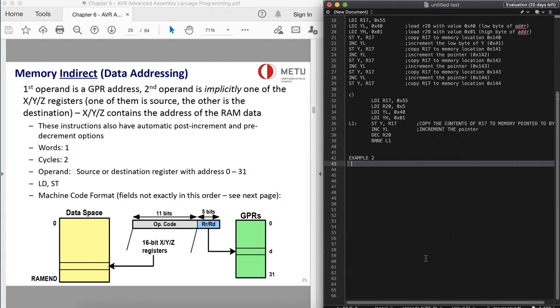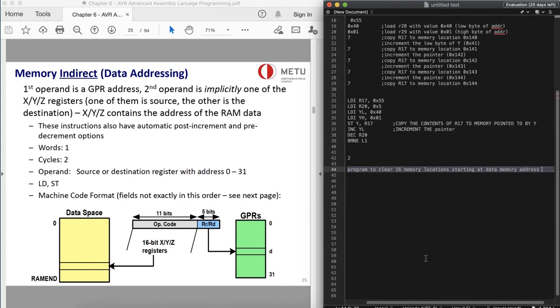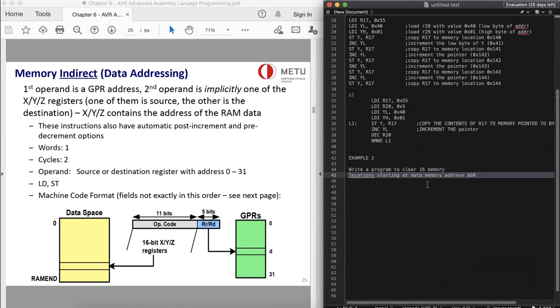It says write a program to clear 16 memory locations starting at data memory address 60. So we have 16 memory locations that we need to clear out, starting from address 60.